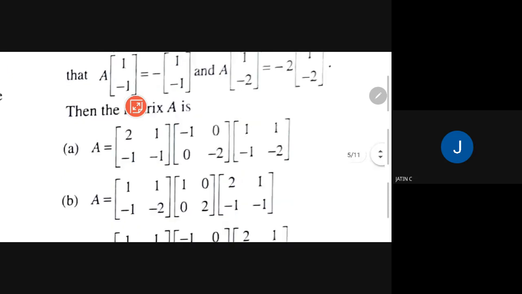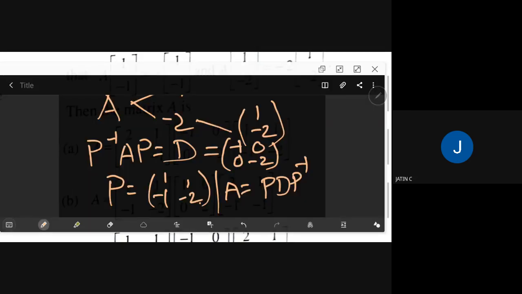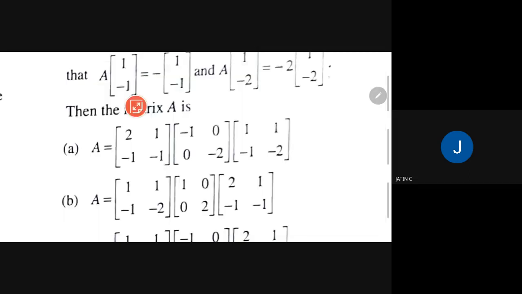Is P inverse the same? See, for A, P inverse AP, what did I tell here? PDP inverse. So I think B is the correct answer.